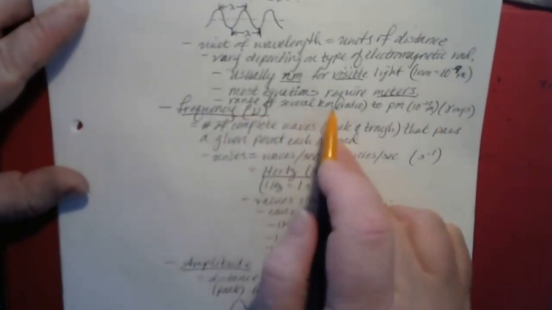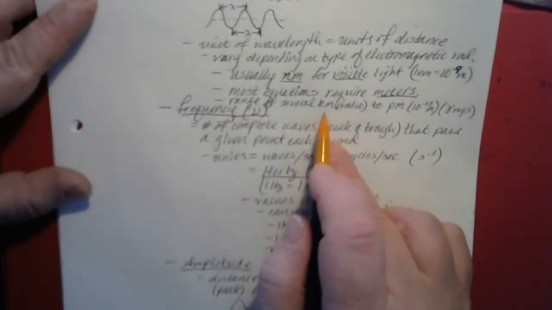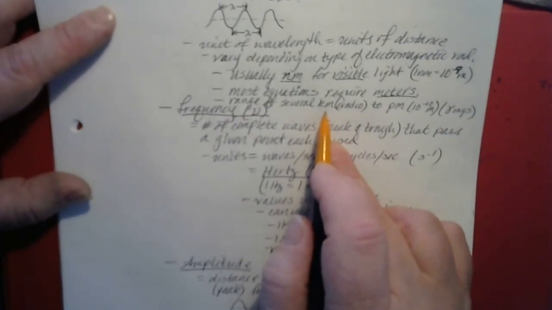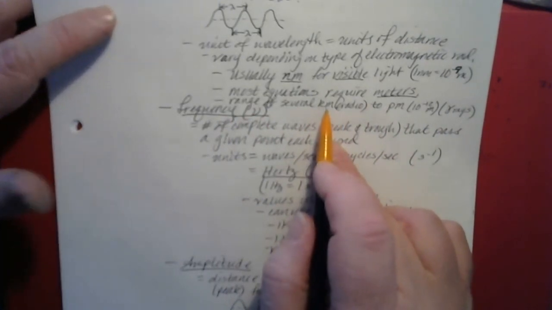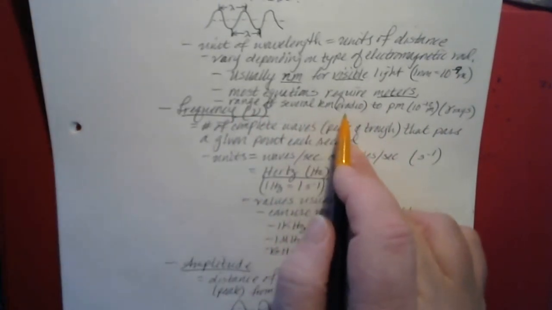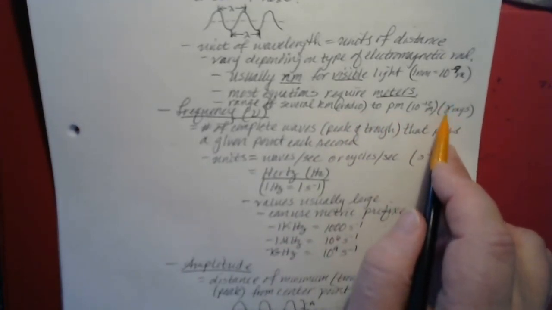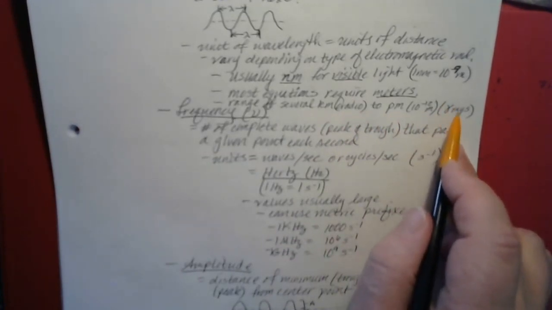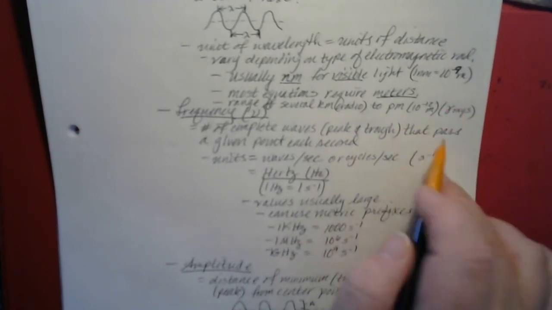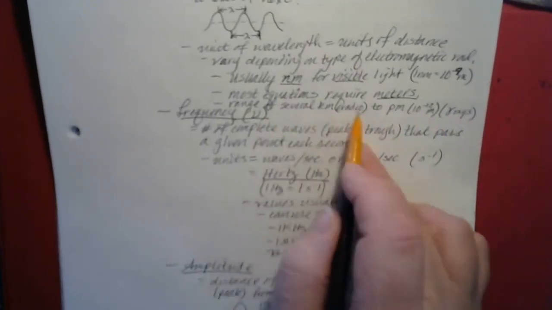The ranges of wavelengths for electromagnetic radiation cover quite a wide span. They can go anywhere from several kilometers or miles, basically, for radio and TV waves, down to picometers for gamma rays. That little symbol there is the Greek letter gamma, the lowercase gamma. Gamma rays are the highest energy forms of electromagnetic radiation, and radio waves and TV waves are the lowest energy form.